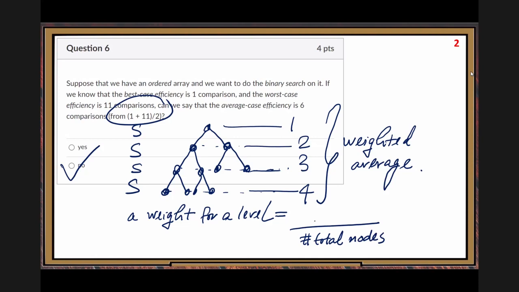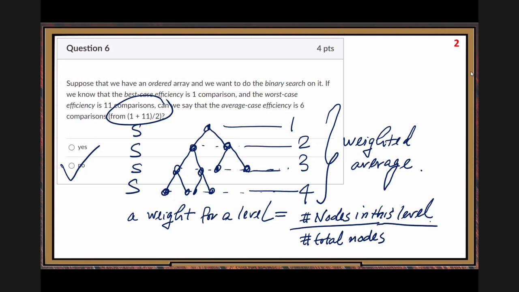Then the numerator is the number of nodes in this level. That's the meaning of weight.